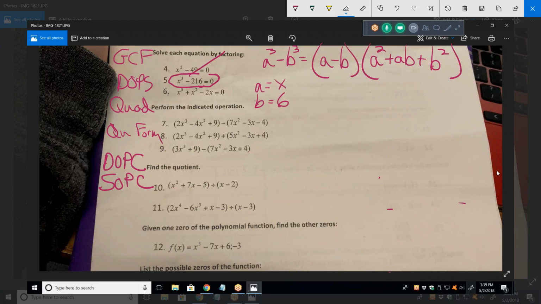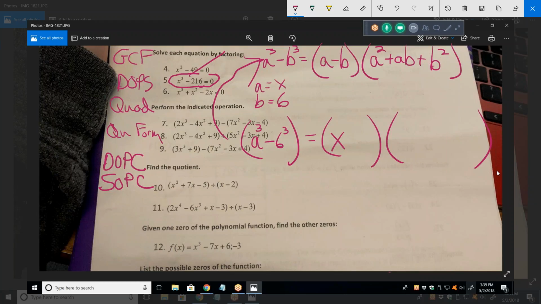So, a is x, b is 6. So what this really is is x cubed minus 6 cubed. Now, use that formula to factor it. What's a minus b? x minus 6.